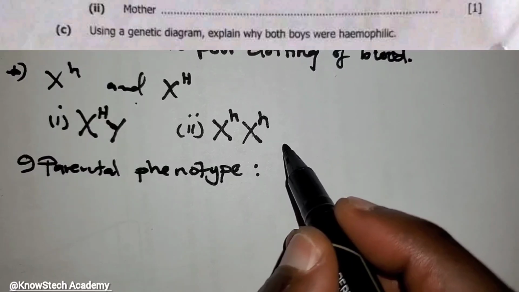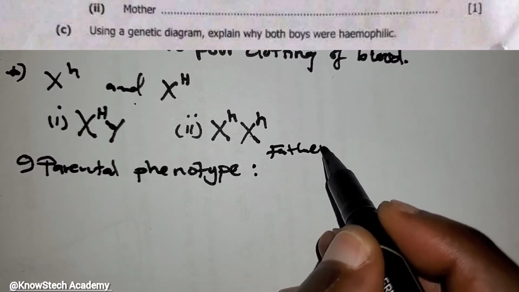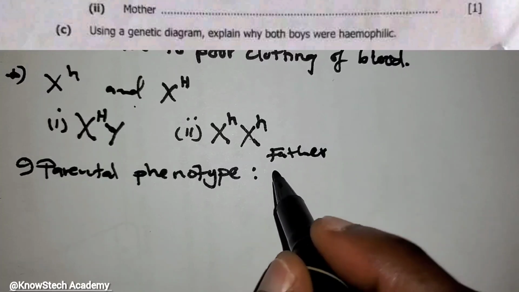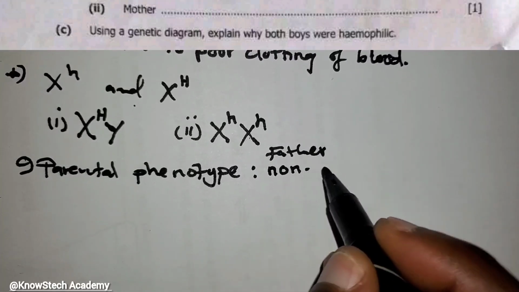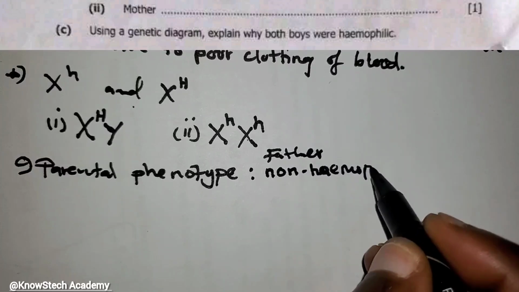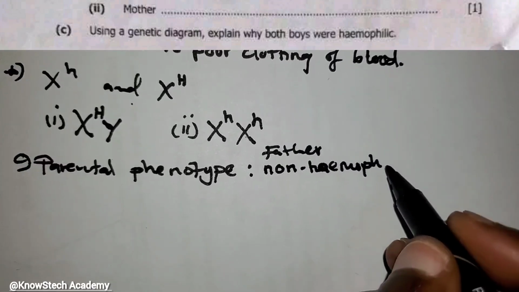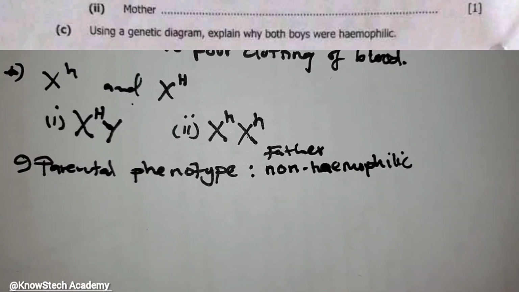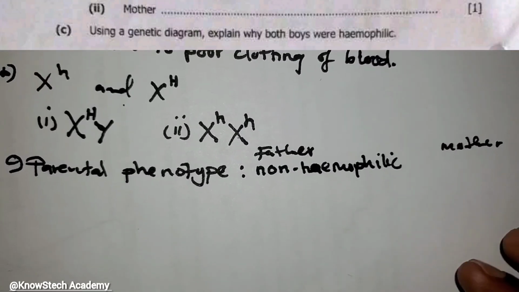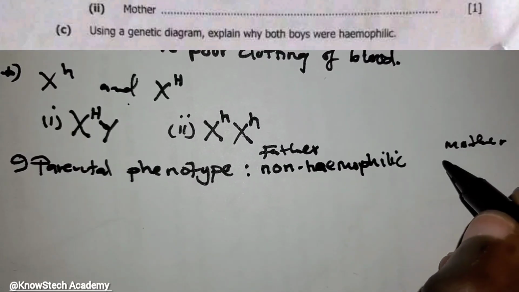Let's start with the father. The phenotype of the father is non-hemophilic, which is normal. The mother was hemophilic.